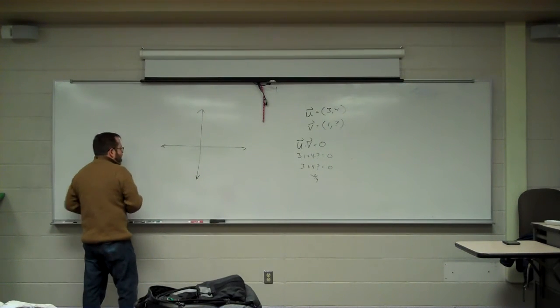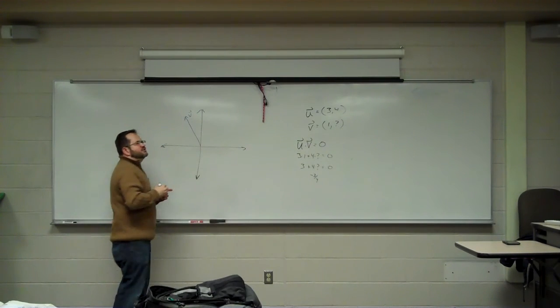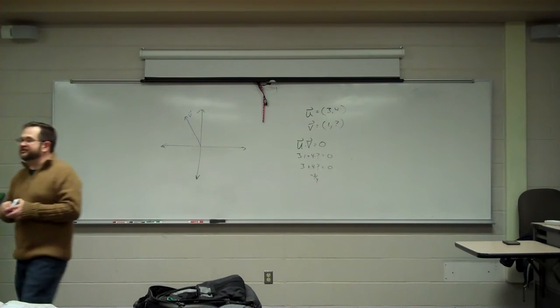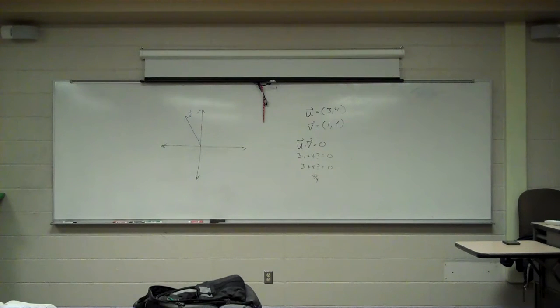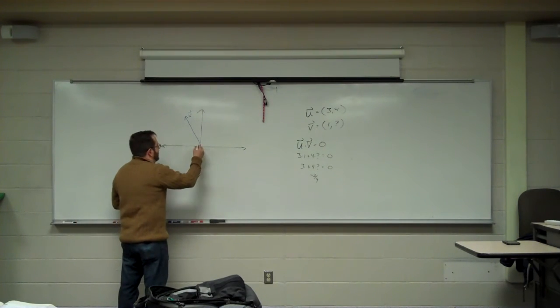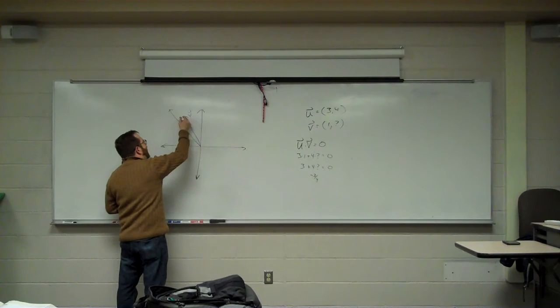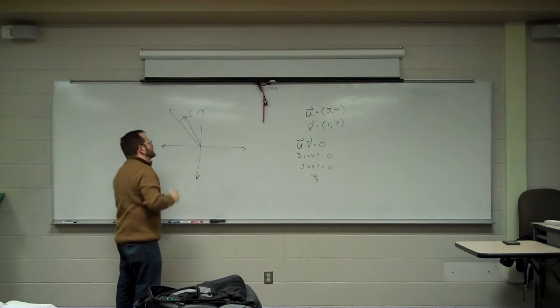And I had some vector v. And what the book wants us to do is to come up with a set of two vectors that add up to v. But one of the vectors is like in this direction, and the other vector will be perpendicular to it and adds up to this one.